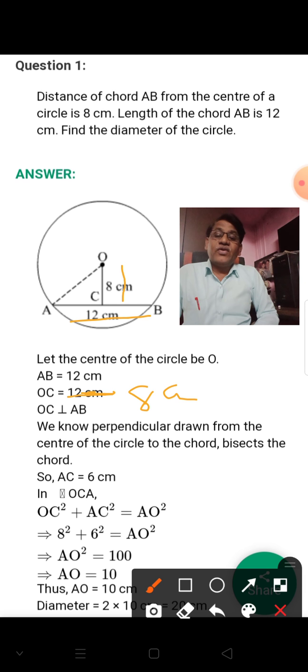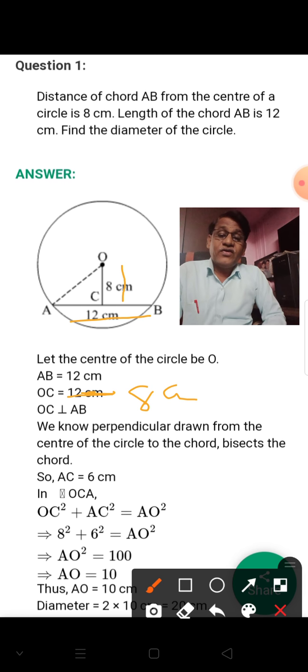We already know that OC is 8 centimeter and AC is 6 centimeter. Therefore 8 square plus 6 square is equal to AO square. So AO square is equal to 64 plus 36, which is 100. When we take the square root, we get AO equal to 10.